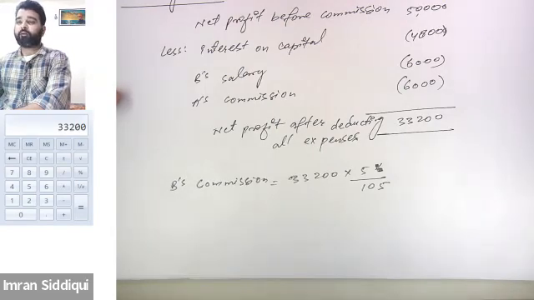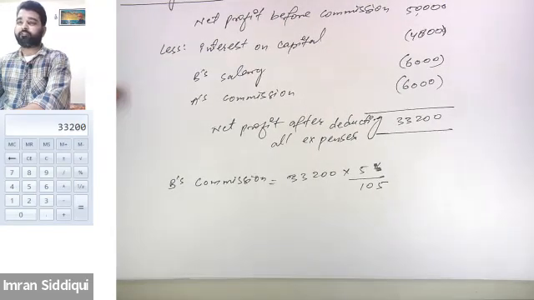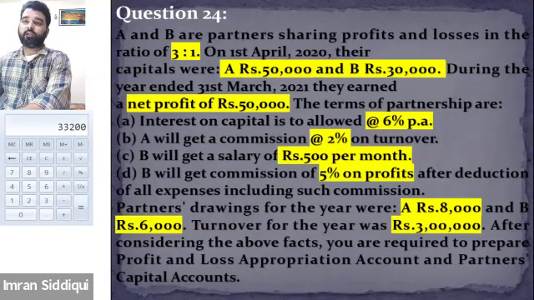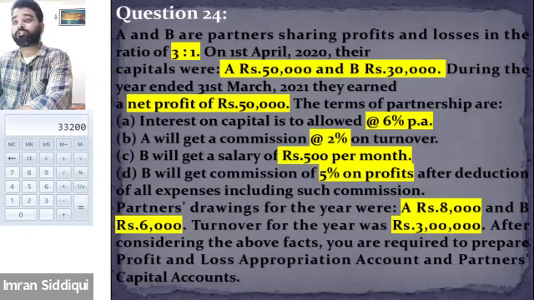So why are we multiplying it by 5 and then dividing it by 105? Because the question is saying that we need to pay 5% commission after deducting all expenses, including such commission as well.